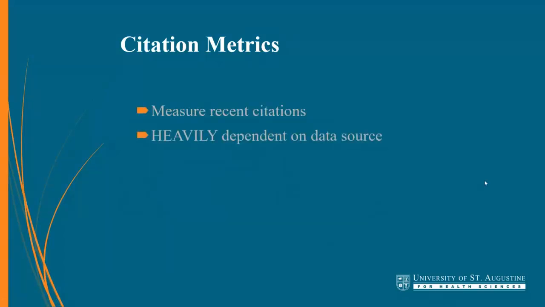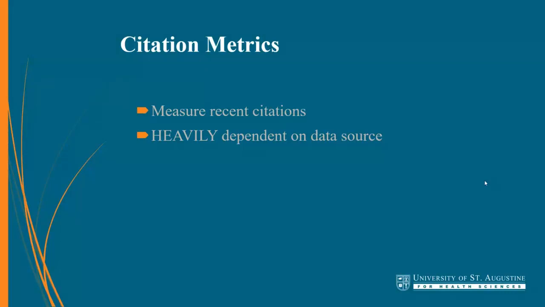One thing I want to really stress here is how dependent these are on the source of data that they tap. So the Journal of Citation Reports, who is the publisher that's responsible for the impact factor initially, that particular metric called the impact factor, they rely only on publications that they include within their set of journals that they evaluate.